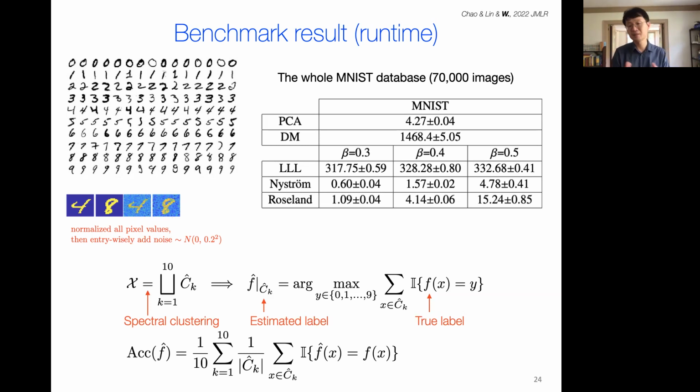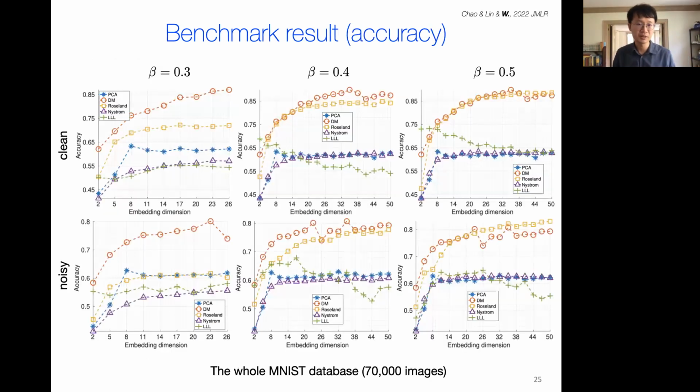Okay, and we use a state-of-the-art classifier to evaluate the accuracy. On the left-hand side, I show you that we also added some noise, and the noise is not too small, and we want to see what's going on. And this is the accuracy result. You can see that when beta is 0.5, the performance of Roseland is almost equivalent to diffusion map, and it's much, much better than if you only use other algorithms, for example, this one the reviewers asked us to compare.